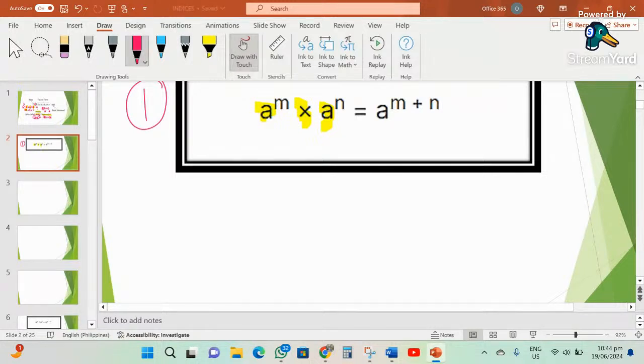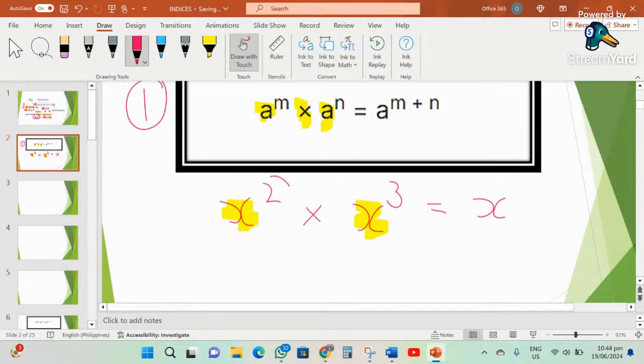So to give you an example, if we have x to the second power and multiply it to another x to the third power, then you just have to copy the common base, and the common base is x. And what will you do?